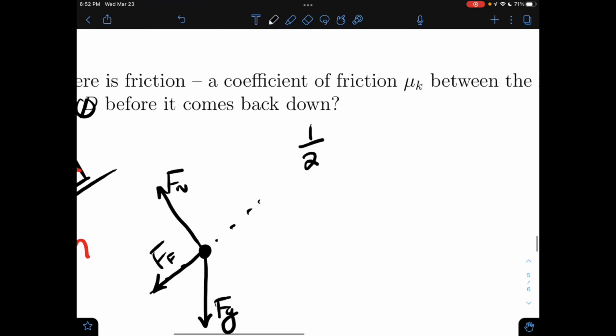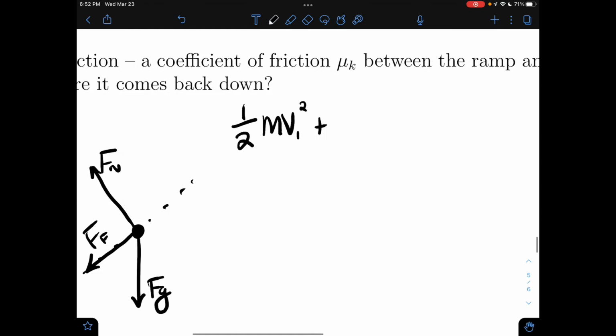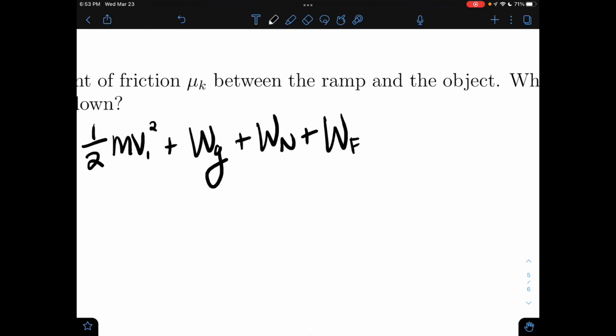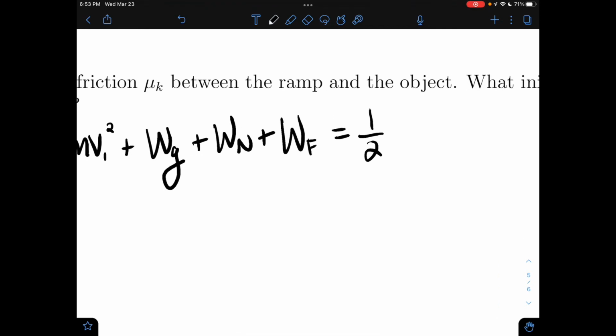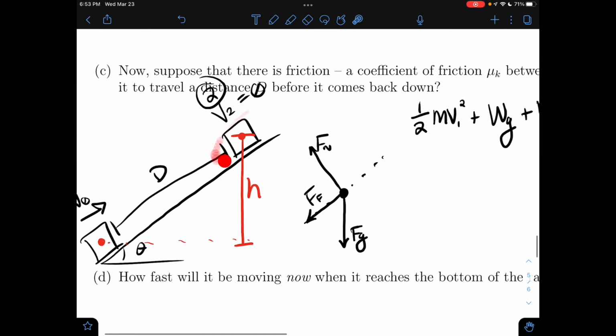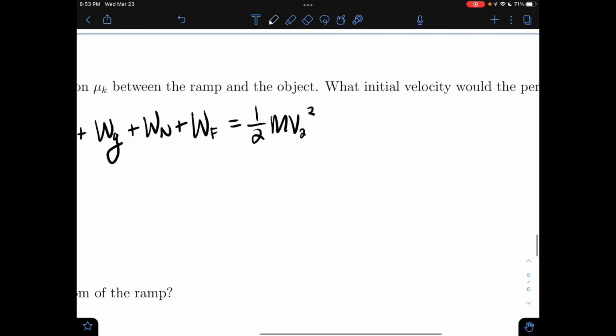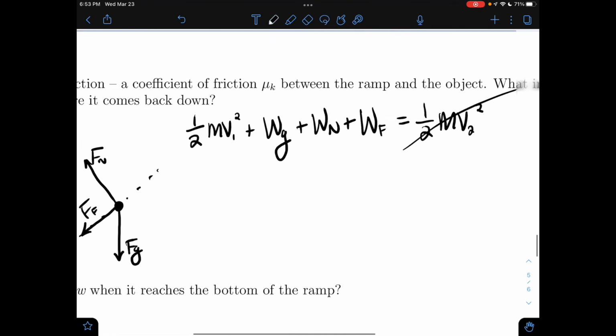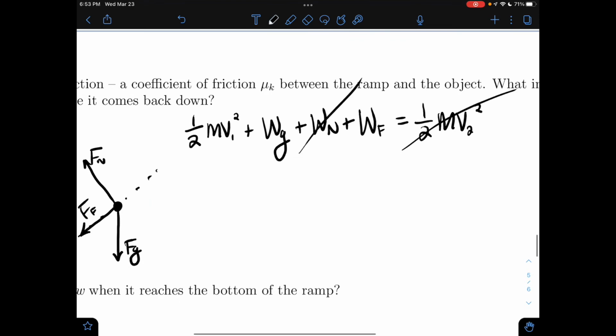So now we're doing 1/2 mv1 squared, plus our work from gravity, our work from our normal force, and our work from our friction force. That's going to give us our final energy, 1/2 mv2 squared. Again, it comes to rest at the top, so our final velocity is 0. Same thing, we're not jumping up off the ramp, so our normal work is also 0.